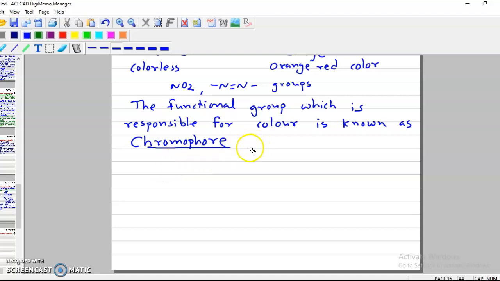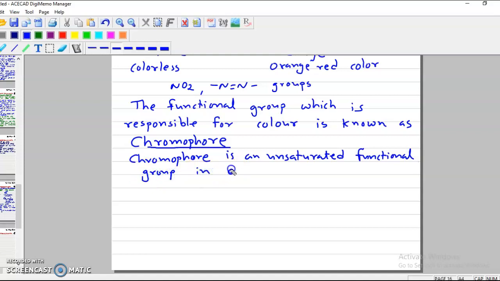This is according to the old definition, but nowadays we consider the new definition of chromophore. A chromophore is an unsaturated functional group. So this is the basic condition, that it should have a pi bond, an unsaturated functional group in an organic compound.